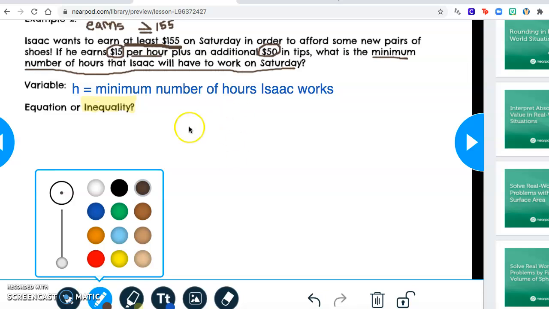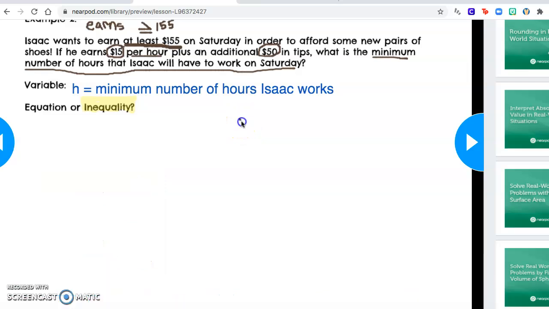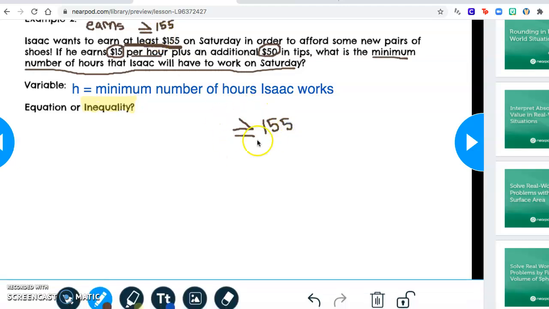So how do we do this? Where do I start? The easiest thing is always to start at the total. And the total is saying that he wants to earn at least 155. So I know that however much he makes has to be greater than or equal to 155. That's the first thing we start off with, the total.